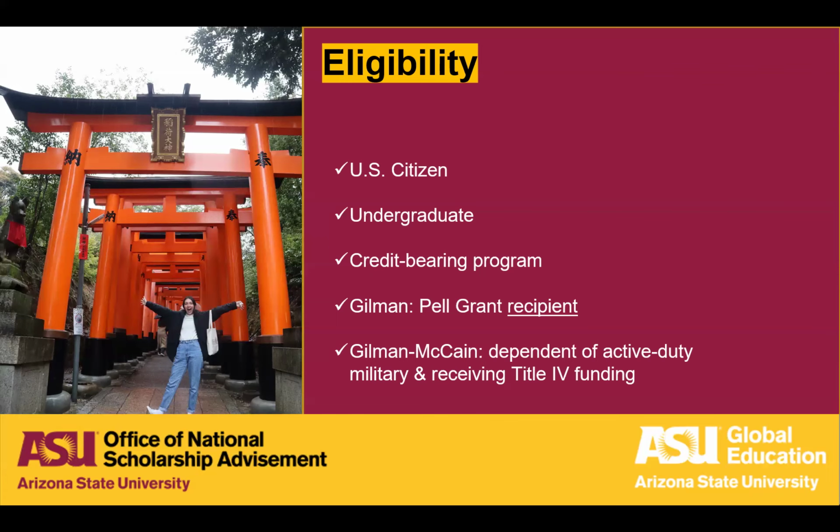So that includes the Pell Grant, but it also includes federal loans, federal work study, and other federal financial need grants. So there's a little bit more flexibility in terms of qualifying on the financial side for Gilman-McCain, but then there is that narrowed eligibility of being a dependent of an active duty military member. The applications are the same, the deadline is the same, the application portal is the same. There's nothing else different about the eligibility or the process besides those two slight differences, the fourth and fifth check marks in the eligibility.